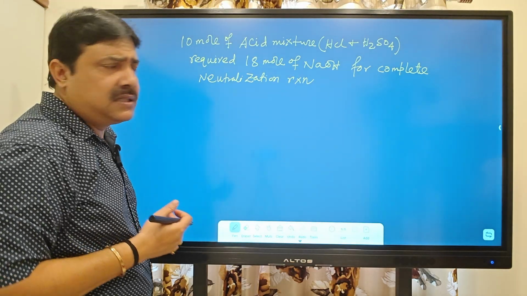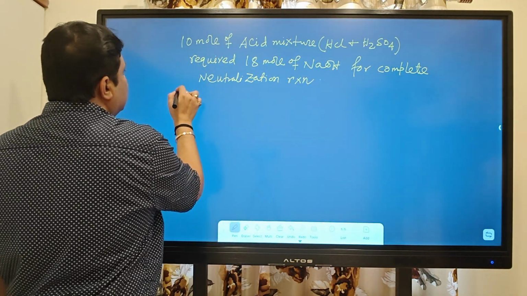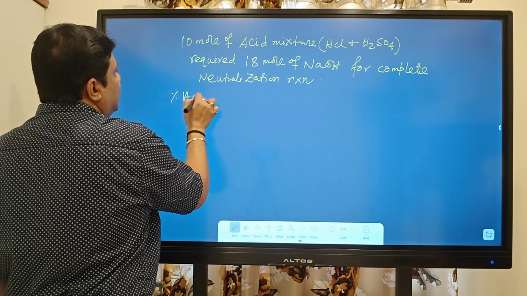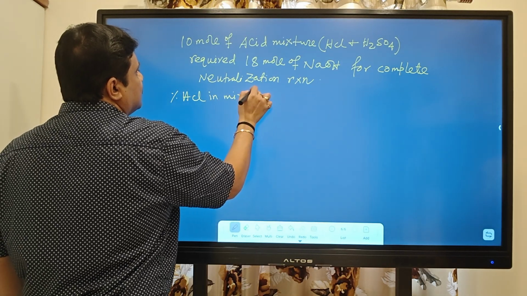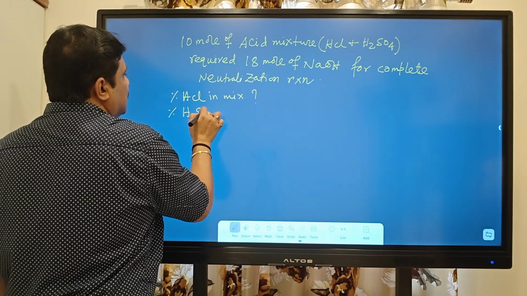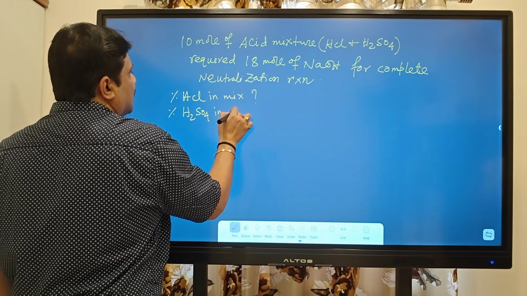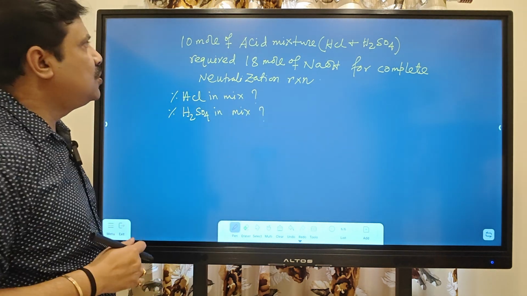That is called neutralization reaction. For complete neutralization, they are asking the percentage of HCl in the mixture, how much. Then they are asking the percentage of H2SO4 in the mixture, how much. Those are the 2 points they are asking in the problem.